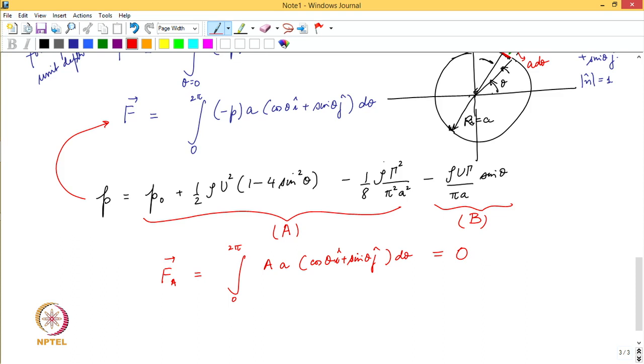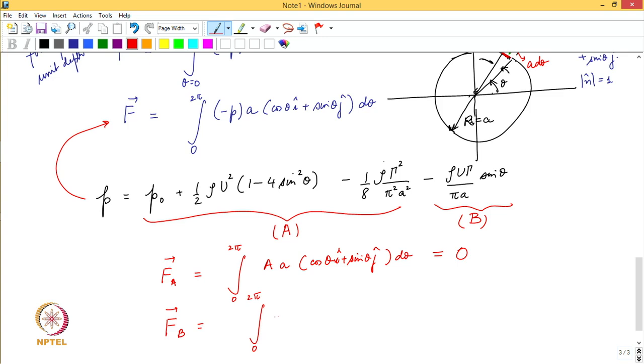What I want to do is to show you what the B part gives, which is the second part of the problem. So, we look at the contribution to the force from the B segment of this expression, which would be the integral 0 to 2 pi.